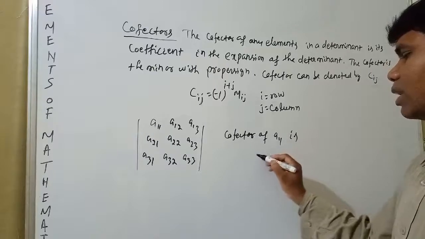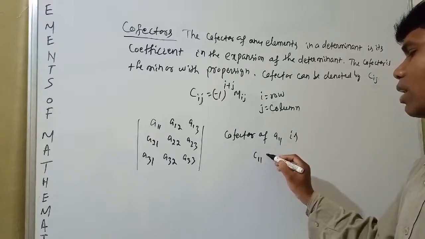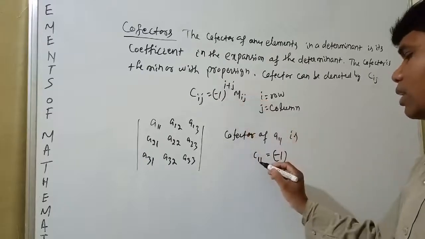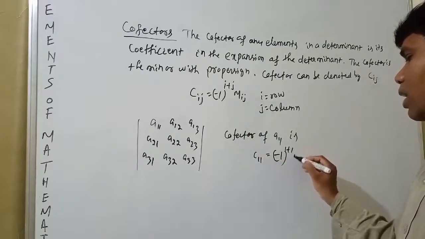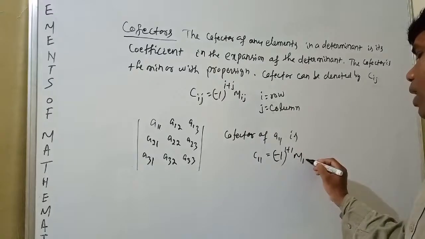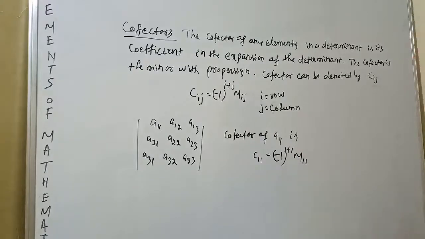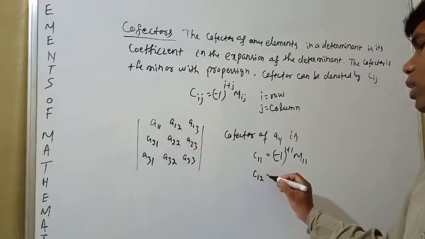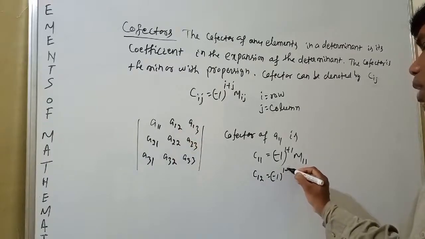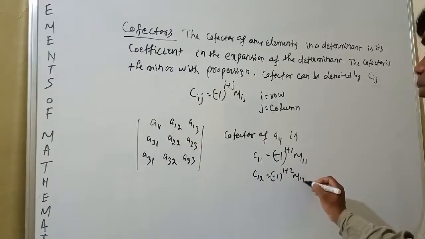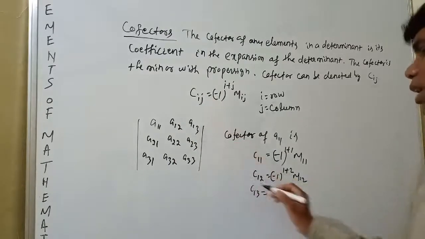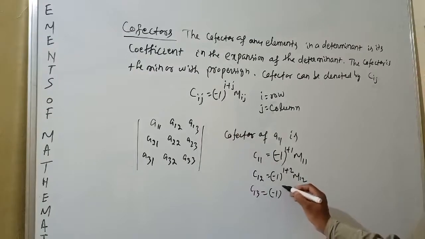C11 is equal to (-1) to the power 1 plus 1 times M11. Similarly, C12 is equal to (-1) to the power 1 plus 2 times M12. Similarly, for a13, (-1) to the power 1 plus 3 times M13.